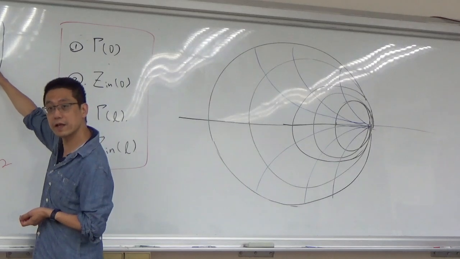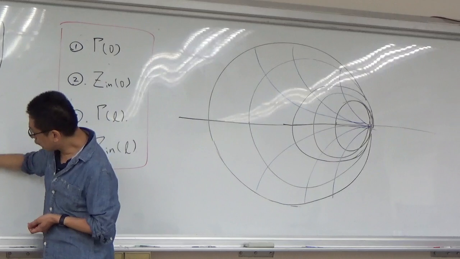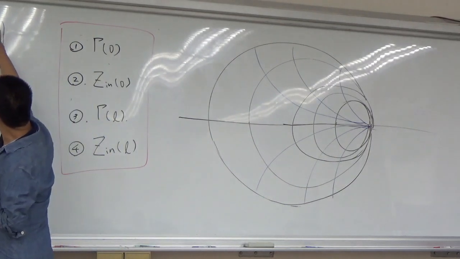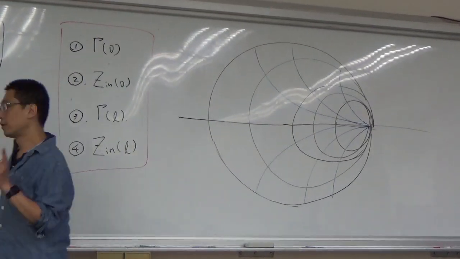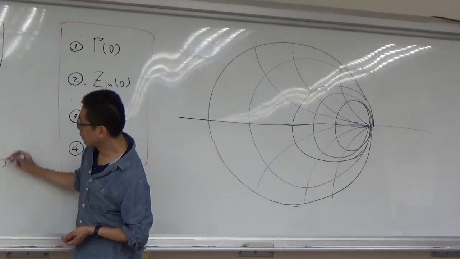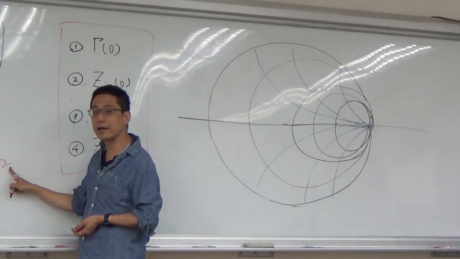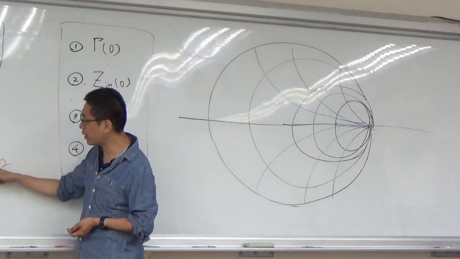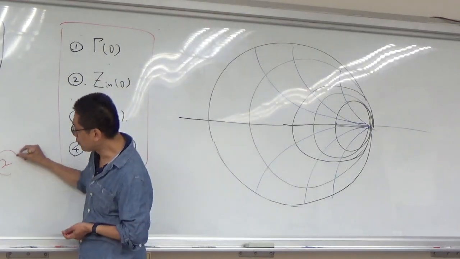If it's a complex number, it's okay. You just find the ratio between ZL and Z0. For this case, the ratio is 2. This is the normalized load impedance, normalized because I divide by Z0. So the number is 2.